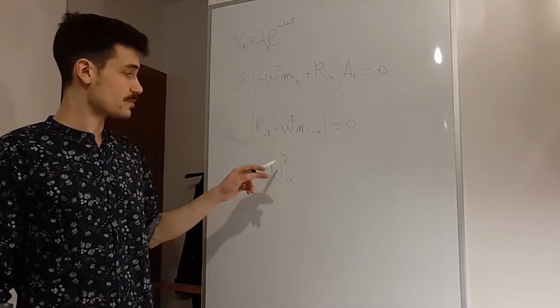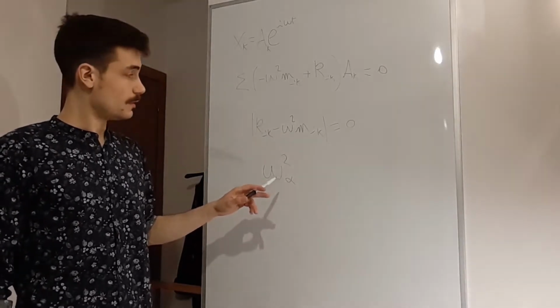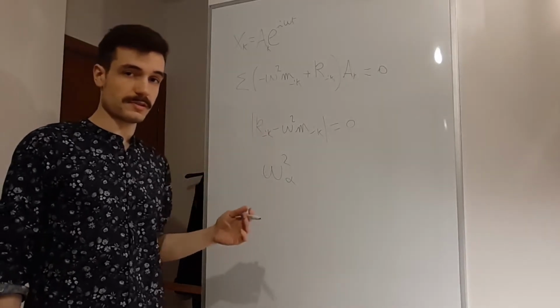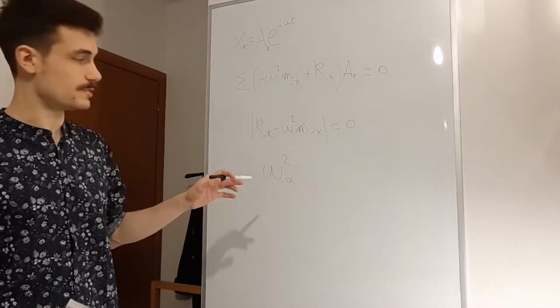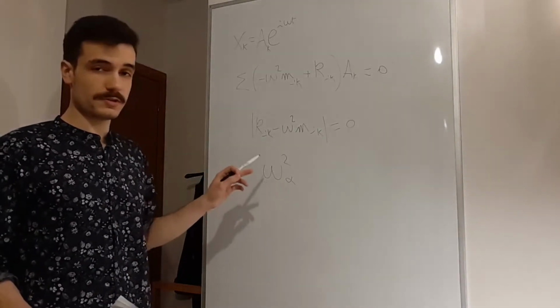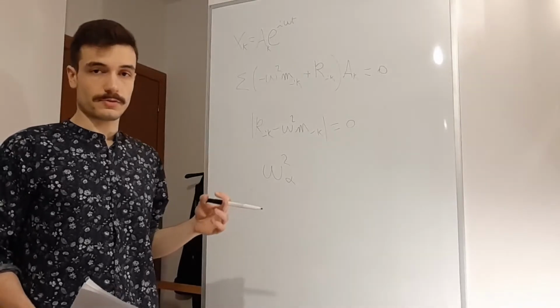It will have s omega squared roots, where s is the number of degrees of freedom of the system. They will be called characteristic frequencies or eigenfrequencies. And these will be the frequencies of our independent oscillators.